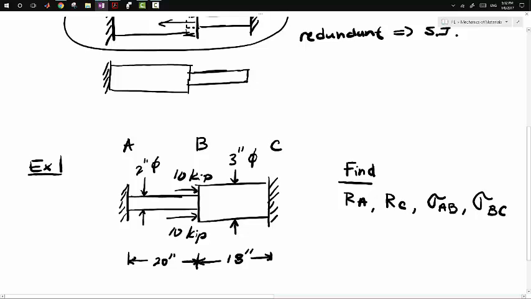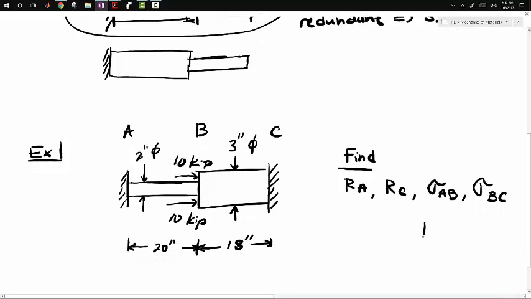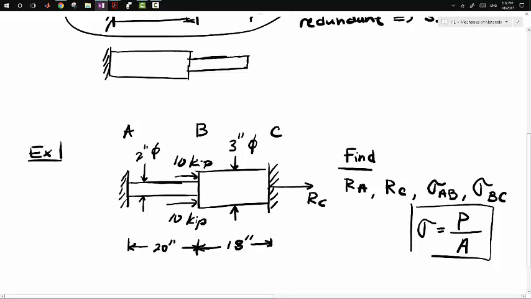And remember, axial stress is the force in that member divided by the cross-sectional area. So this will be the reaction at C. This will be the reaction at A.